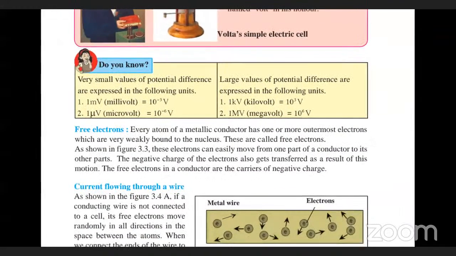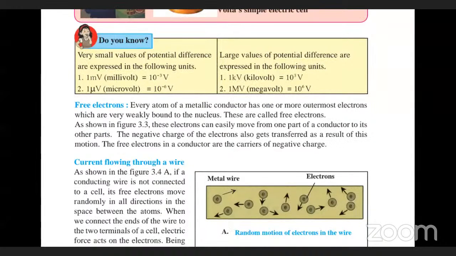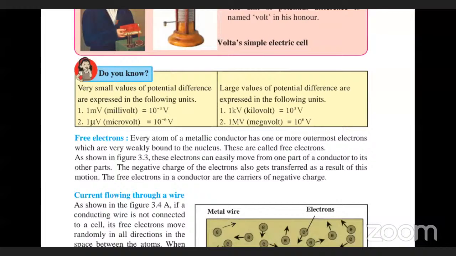Free electrons help to conduct electricity from one end to another. So any metal or any compound which has free electrons is said to be a good conductor of electricity.